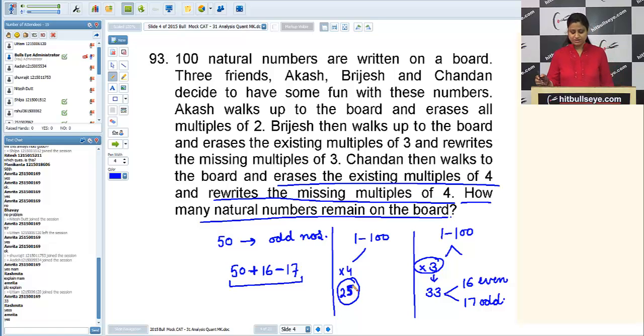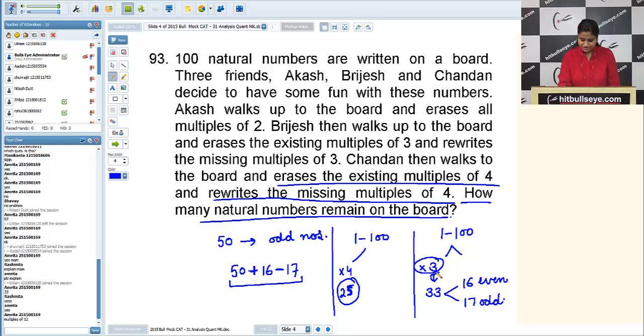And out of those multiples, some numbers are erased already. See, we were talking about multiples of 3. How many multiples of 4 are here? They are 4, 8, 12. Then we have 16. Then we have 20, 24 and so on.